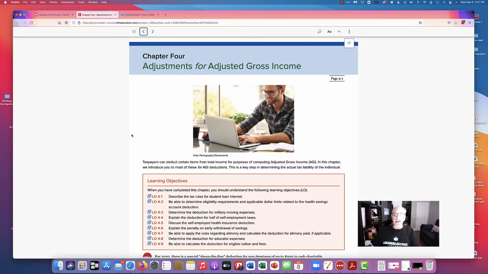Learning objective number 8, this is one for me. Educator expenses. So eligible educators can deduct up to $250 of qualified education expenses for AGI deduction. If the taxpayer's filing status is married filing jointly, and both individuals are eligible educators, the maximum deduction is obviously twice $250 or $500, with each individual taking into account only his or her expenses for purposes of the $250 maximum per individual.